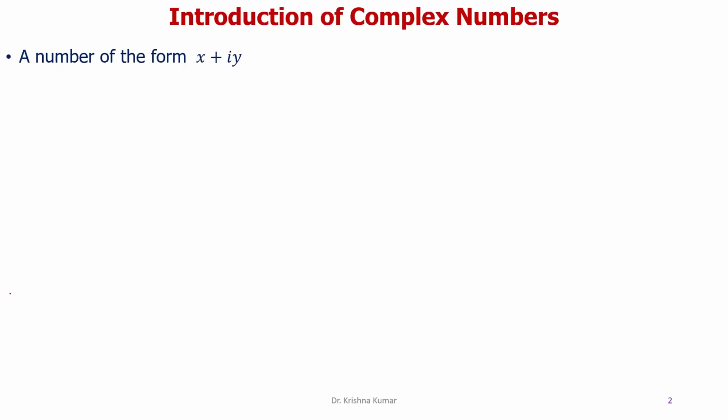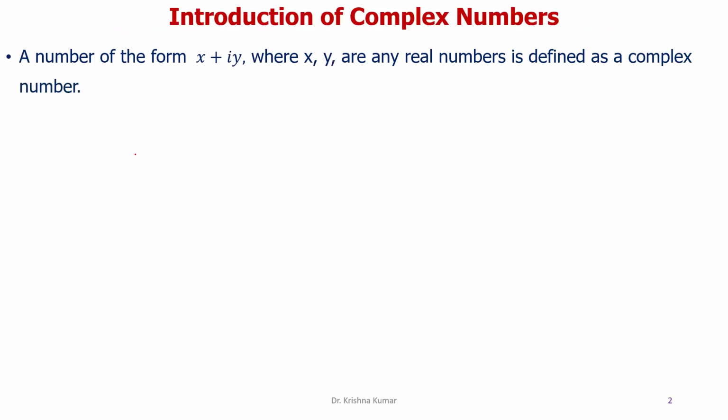Now, in this part, we discuss the complex number and its introduction. A number of the form x plus iy, where x and y are any real numbers, is defined as a complex number.